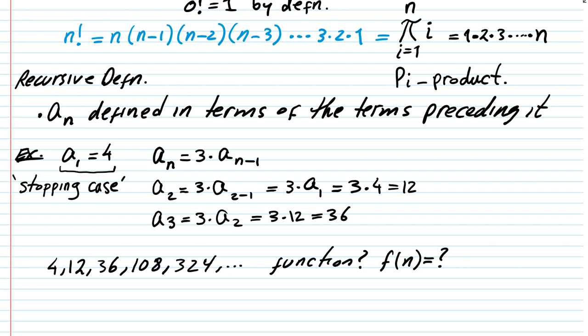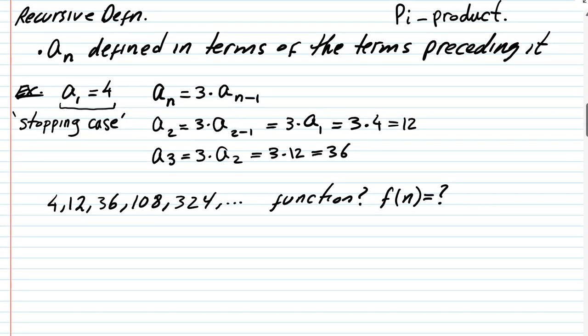With recursions, although we can generate the terms of a sequence, the recursion doesn't give us the functional form. Keep that in mind. It's capable of generating terms as we want them, but it never gives us the functional form, which, for most of our work, is what we are interested in. Okay, so that's what the recursion is.